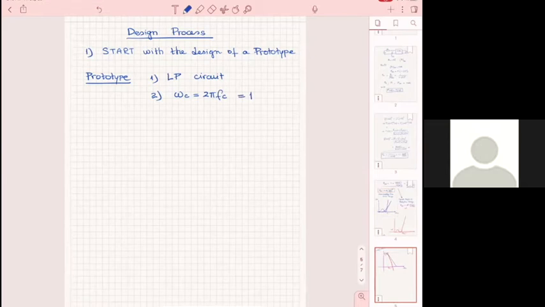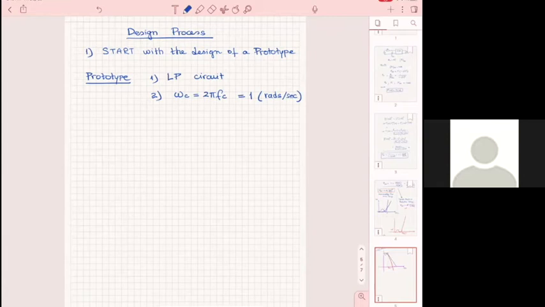And it's radians per second, but the units are not important. If you were to be accurate, I would say rads per sec, but I will not worry about the units in the prototype. So 1.